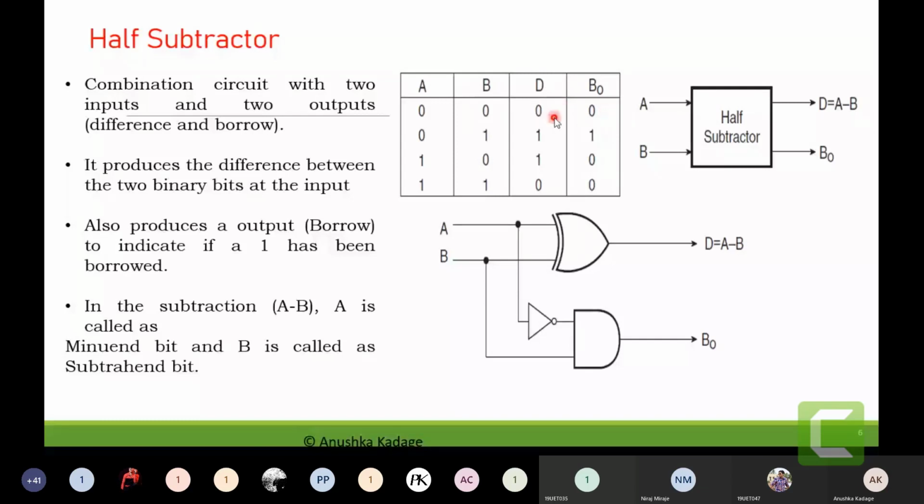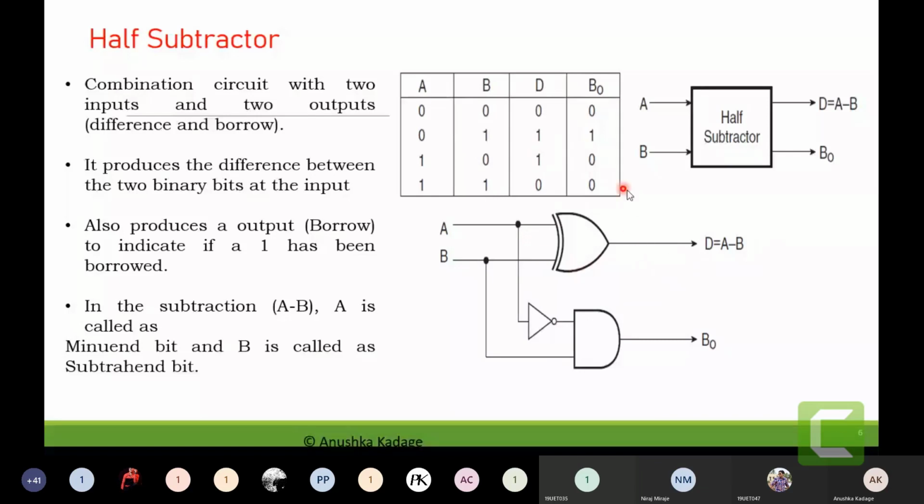After writing the two variable K-map, corresponding to the D values I have to represent them in the K-map. Grouping of ones I have to do if possible in that K-map, and the simplified form we have to get. So if I write the K-map for this, I will find that we get the answer as A dash B plus AB dash.